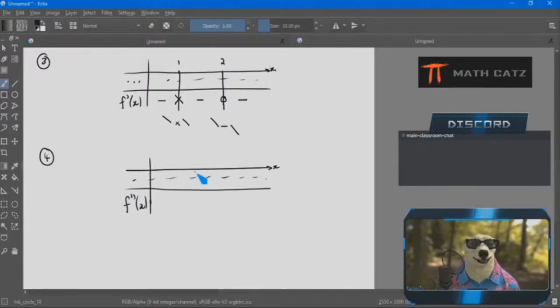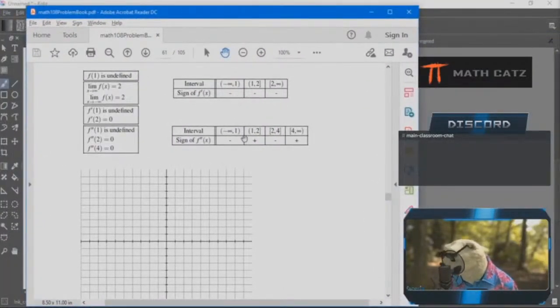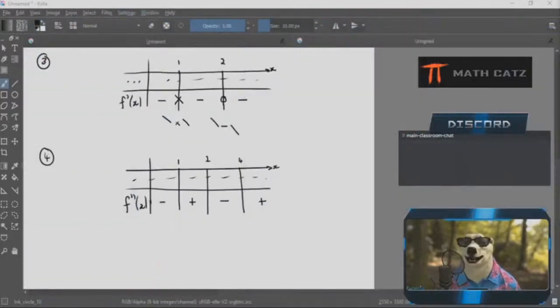And that table is split into x equal to 1, 2, and 4. And it gets a minus, a plus, a minus, a plus. Then I also want to know what happens to this second derivative on those x values. They tell me 1 is undefined, 2 and 4 are both 0.